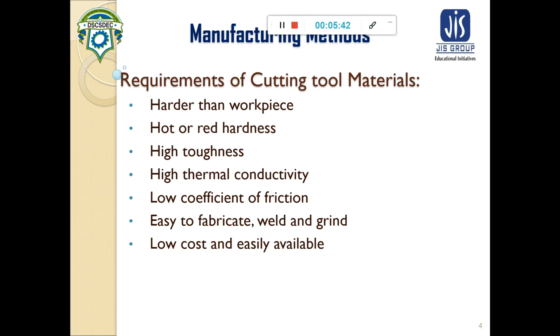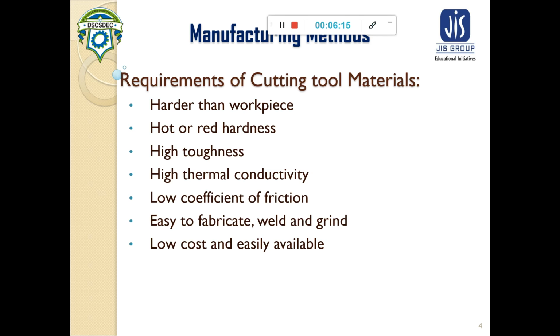So for being a cutting tool material, the main condition is that the cutting tool material should be harder than the workpiece, and it should have hot or red hardness, high toughness, high thermal conductivity, low coefficient of friction, and it should be easy to fabricate, weld and grind, and the cost should be low, and it should be easily available.